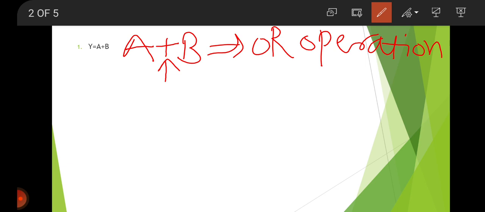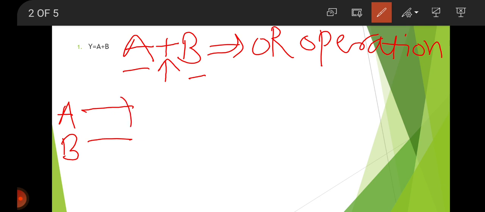Therefore, draw the circuit. Here A and B, two variables, are known. So this is A, and the second is B. Therefore how can we draw the OR gate?